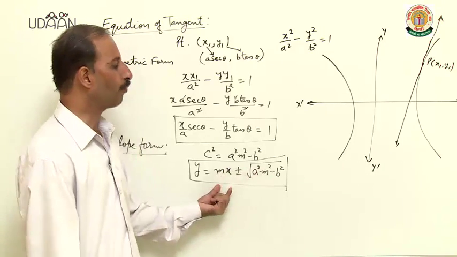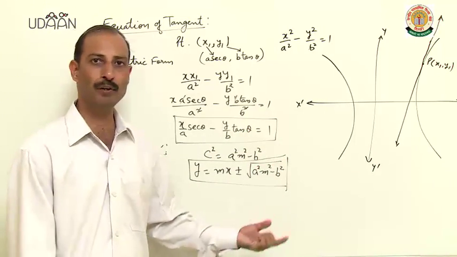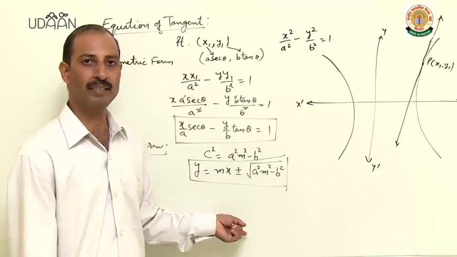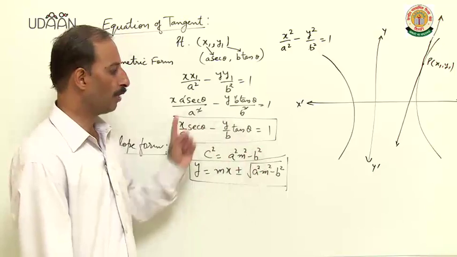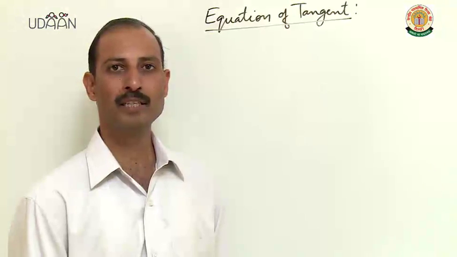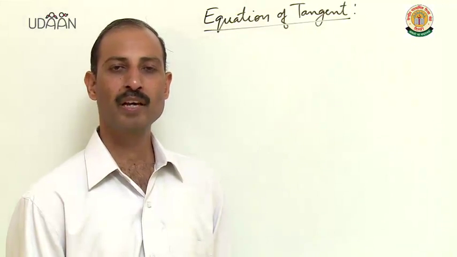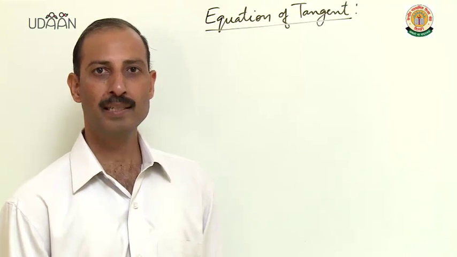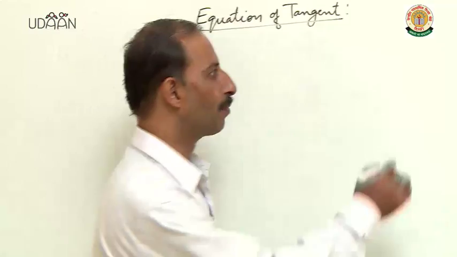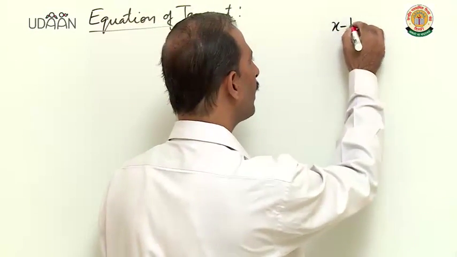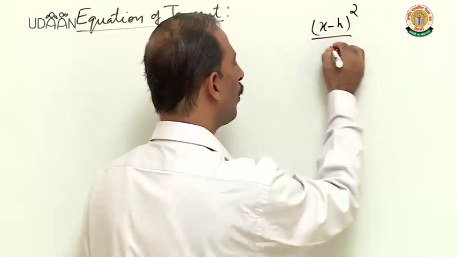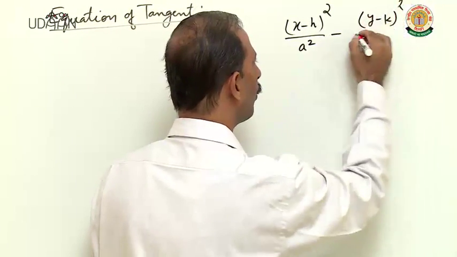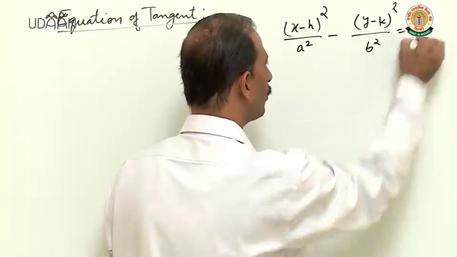Okay, so point of contact also you can find. In the module I have given the point of contact of all the three types, tangents and equation of the tangents. Children, one more thing, if the center of the hyperbola is not origin, in that case equation of the hyperbola will be (x minus h) whole square upon a square minus (y minus k) whole square upon b square is equal to 1.